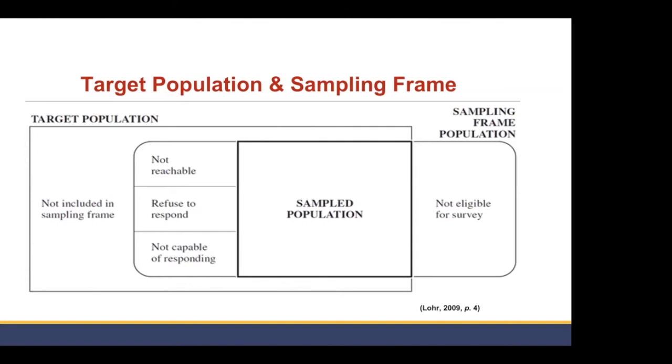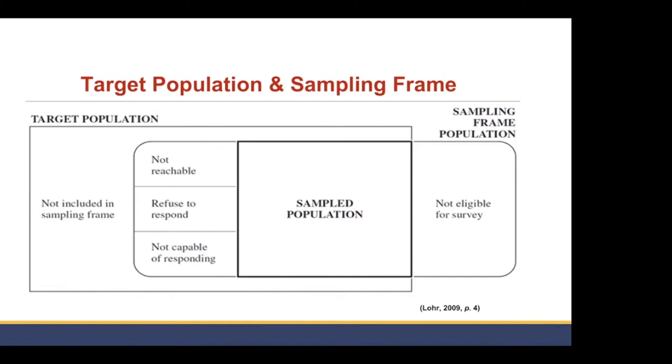Then we use a sampling frame that lists all those population units to be included in the study potentially. But there are some issues associated with the sampling frame. In the sampling frame, potentially all of this target population list should be included, but sometimes some of the elements are not eligible based on the criteria you set for your study.